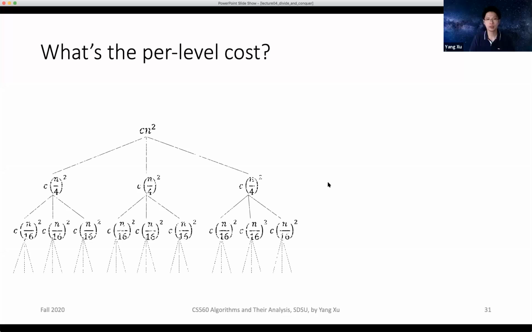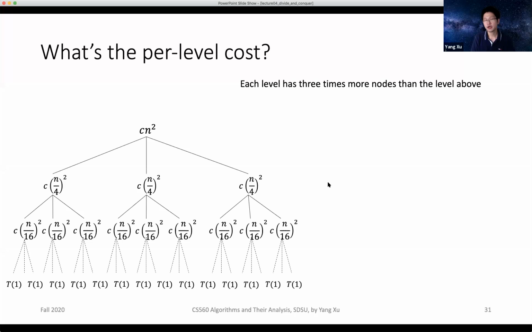Each level has 3 times more nodes than the previous level. So we're going to use this fact. The number of nodes at depth i is 3 to the power of i.